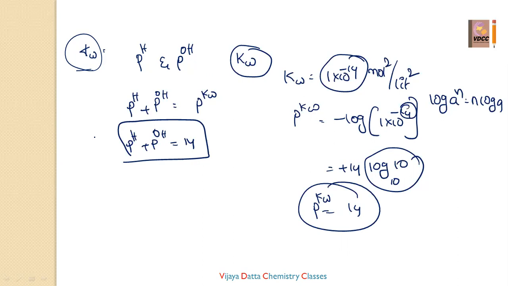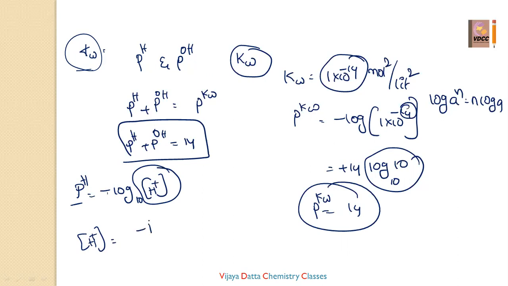Sometimes they can ask like this also. pH is given as negative log base 10 of the concentration of H plus, and they are asking to calculate the H plus. Then the concentration of H plus equals 10 to the power of minus pH.